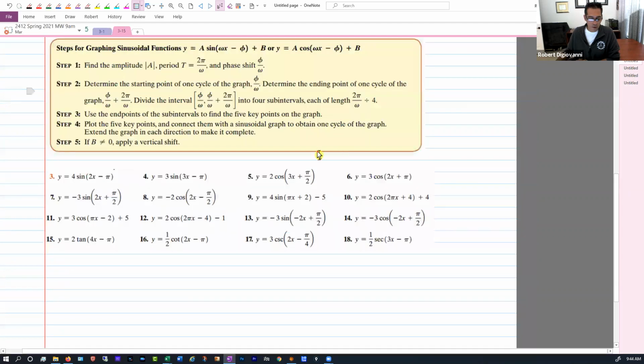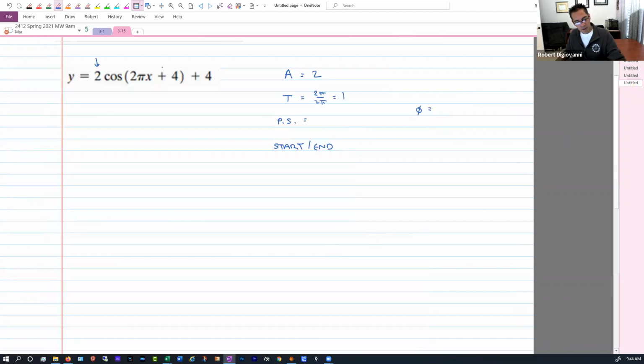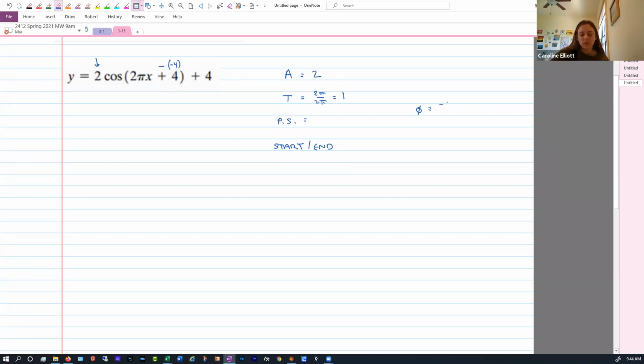But in the general formula for this, it's always got to be omega x minus phi, right? So you always have to try and look at that as a minus. So you have to see that this is actually minus -4. That's what plus means, minus -4. So it would be -4, exactly.